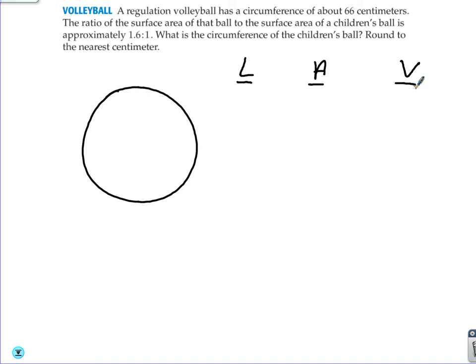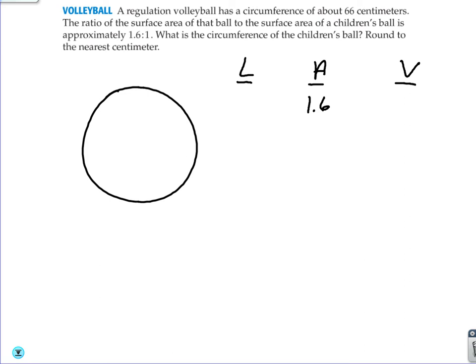The ratio of the surface area, well, that's nice, they give it to us. The ratio of the surface area, which falls right here, is about 1.6 to 1. That's your ratio. Or why not just call that 1.6? What is the circumference of the children's ball?